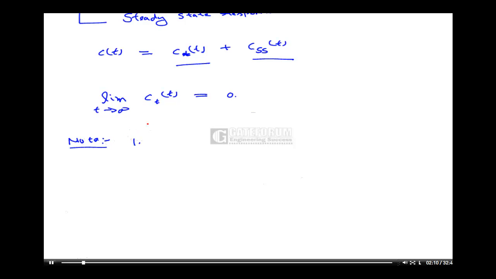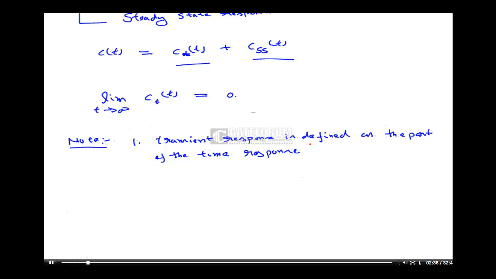First point, transient response is defined as the part of the time response that goes to 0.